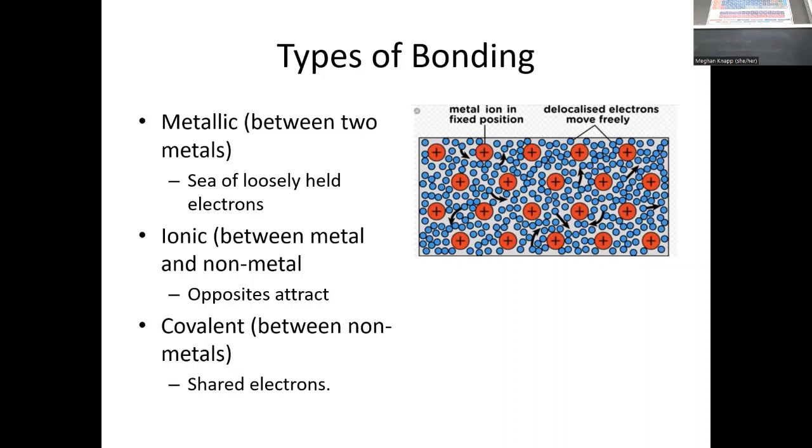Or we think about it being the attraction of the positive and the negative, so the opposites attracting between the metal and the non-metal. With metallic bonding, remember these are our biggest atoms, and the electrons are far away from the nucleus. So when the atoms get together, all of those really far away electrons are just kind of swimming around together. And so we say that there is a sea of electrons.